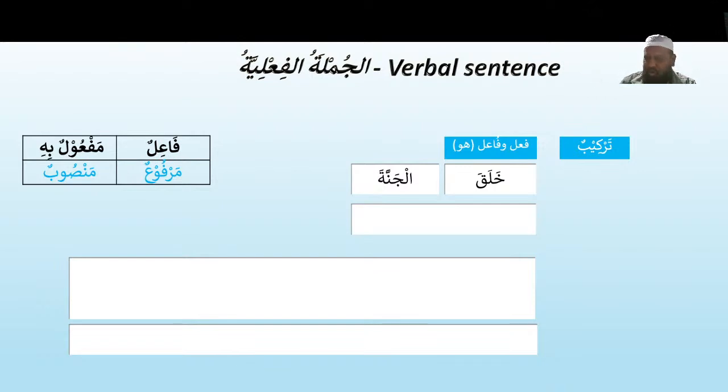In the bracket write huwa. And al-jannata is straight away maf'ulun bihi, because by looking at it, we don't see any ism as the fa'il in the sentence. So al-jannata is telling us it is the maf'ulun bihi because it has وعلامة نصبه الفتحة الظاهرة. So the translation will be, I can translate. Remember, you have to translate the hidden fa'il as well.